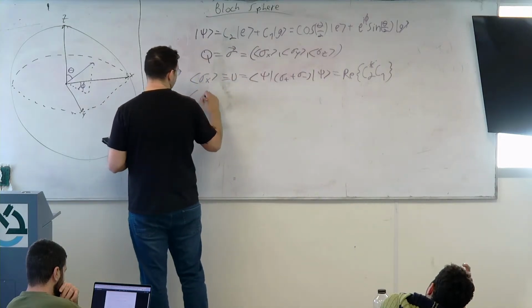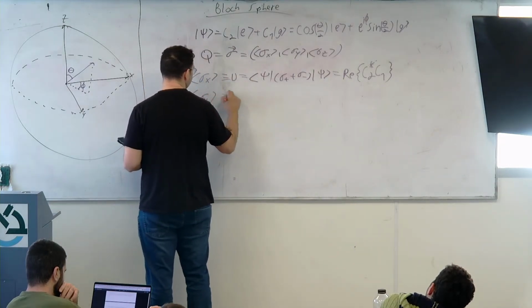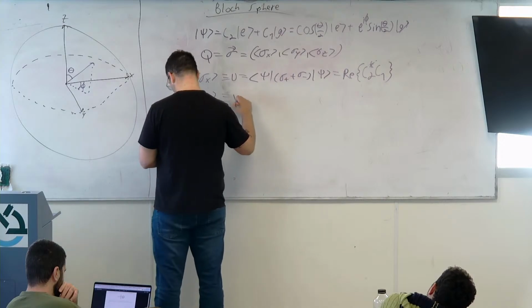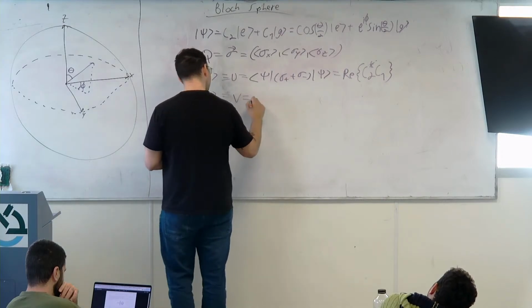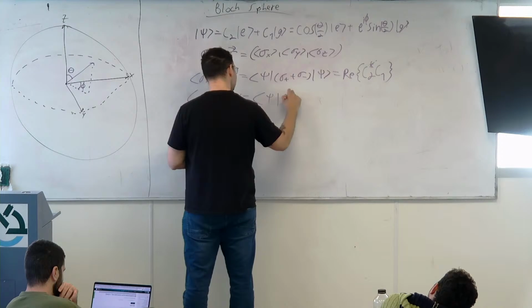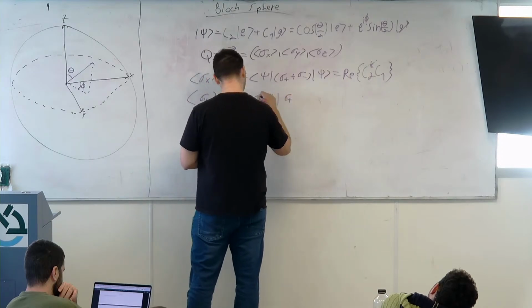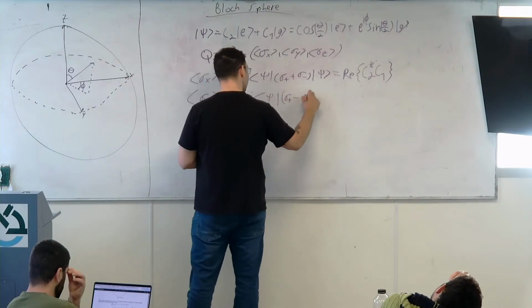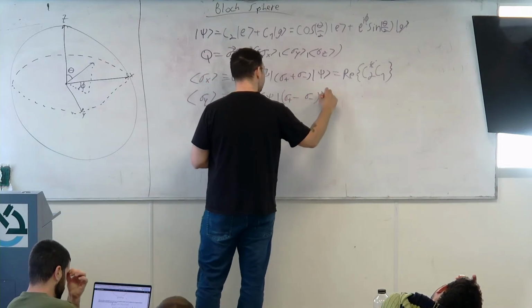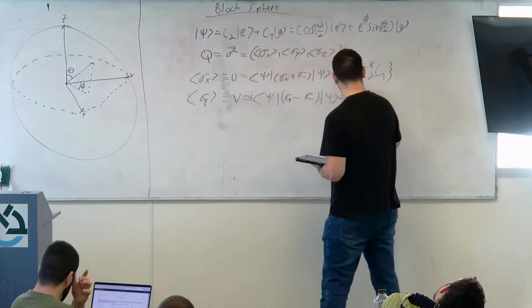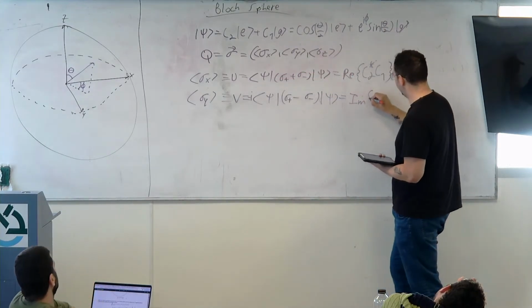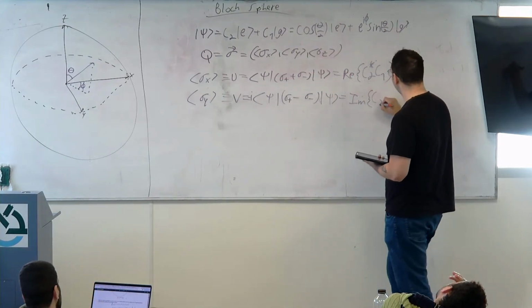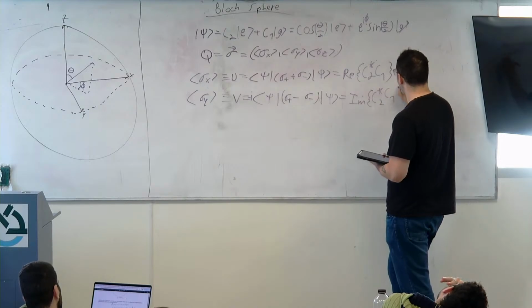And of course we can do the same for the y. So let's call it v. Minus i sigma plus minus sigma minus, which is the imaginary part of sigma conjugate C1.